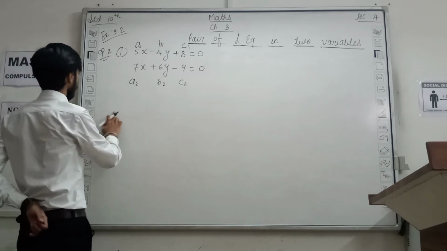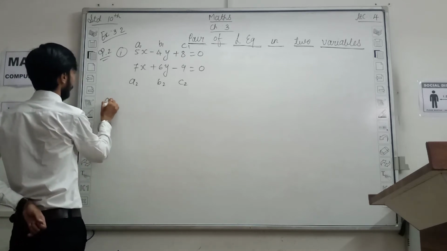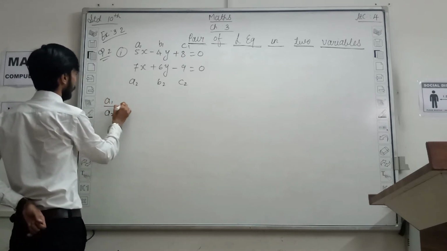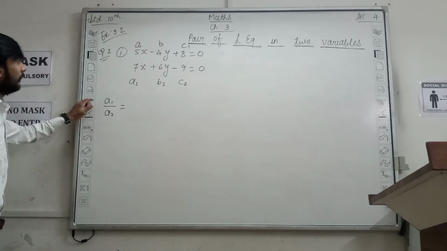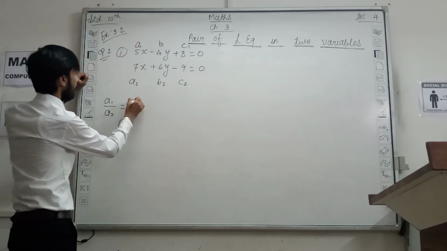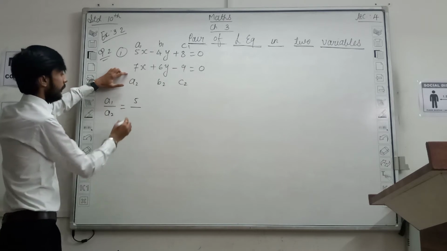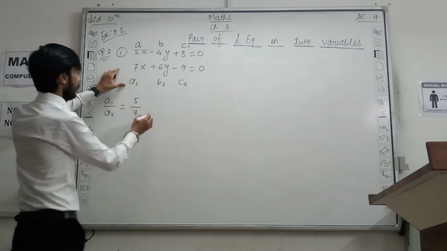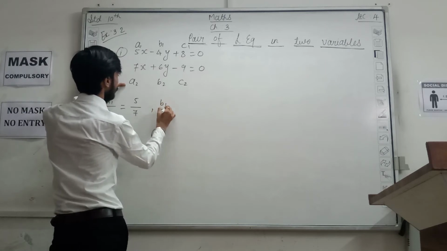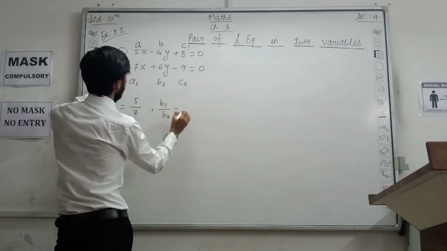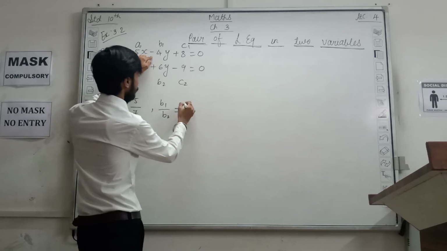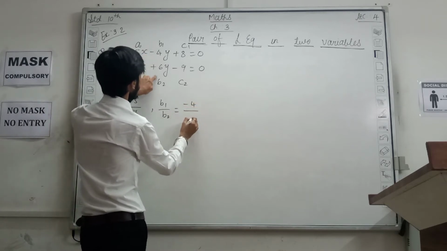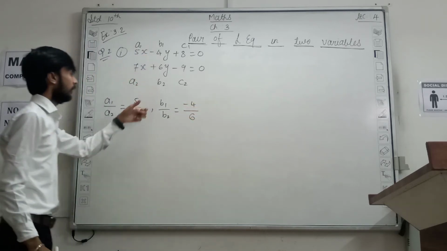Now first find A1 upon A2. A1 is 5 and A2 is 7, so A1 upon A2 is 5 upon 7. Now the second ratio, B1 upon B2. B1 is minus 4 upon B2 is 6.